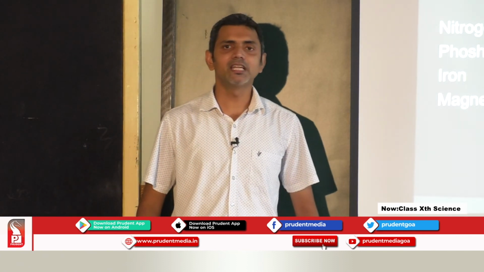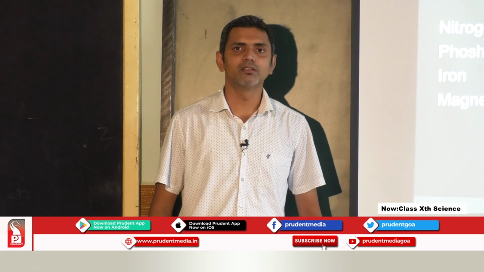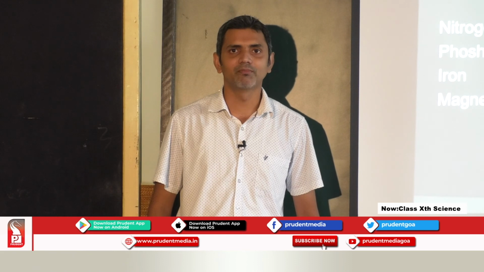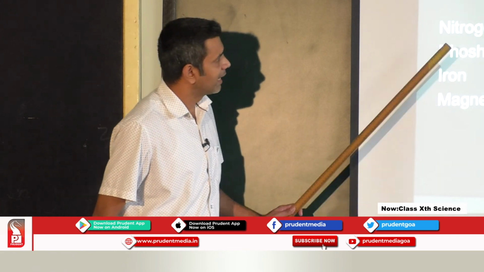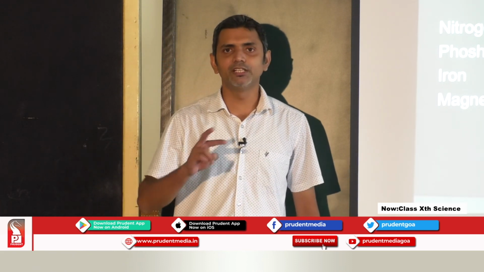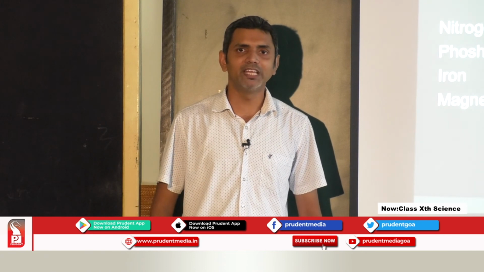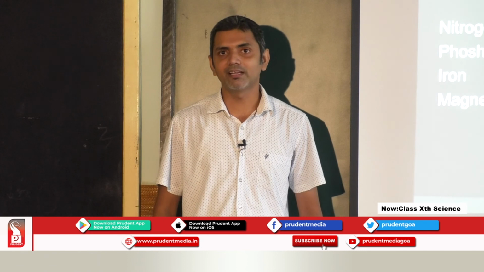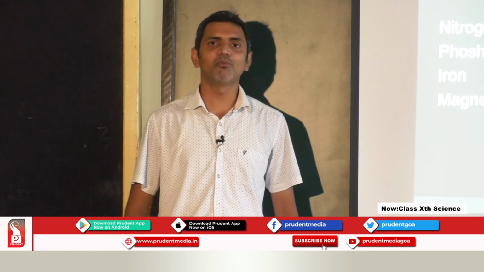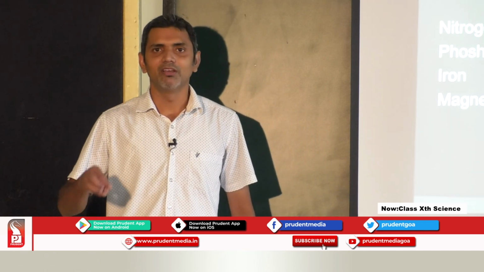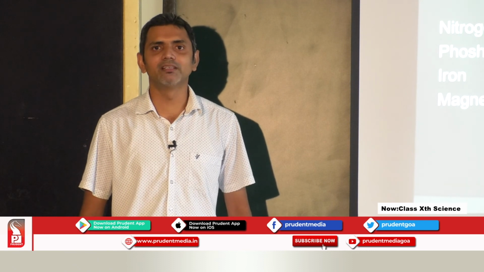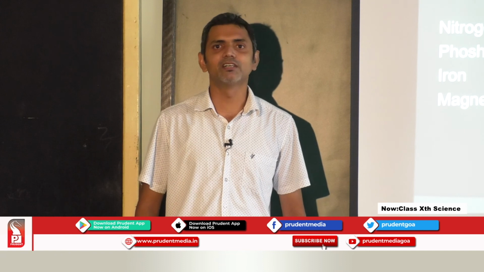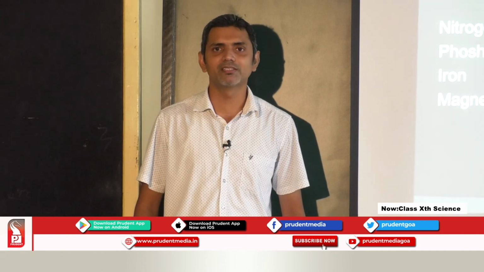Nitrogen is required by the plants for synthesis of proteins. Nitrogen is taken by the plants in two ways: in the form of inorganic compounds such as nitrates and nitrites, and in the form of organic compounds which are produced by the rhizobium bacteria which live in the root nodules of the leguminous plants.